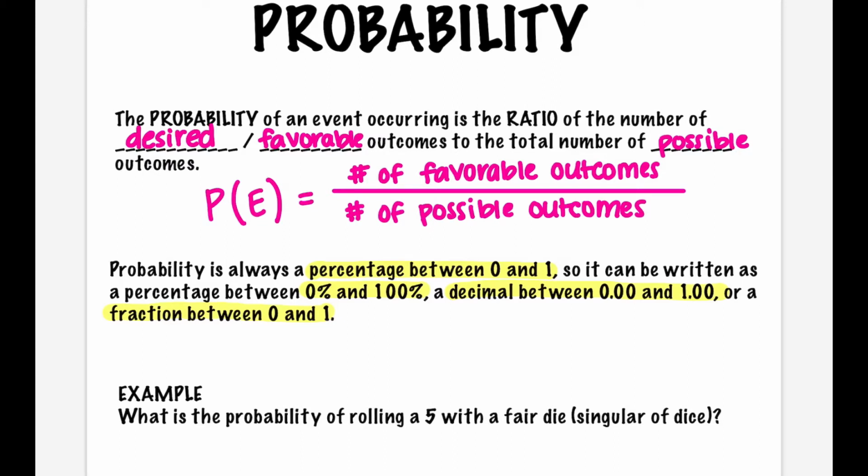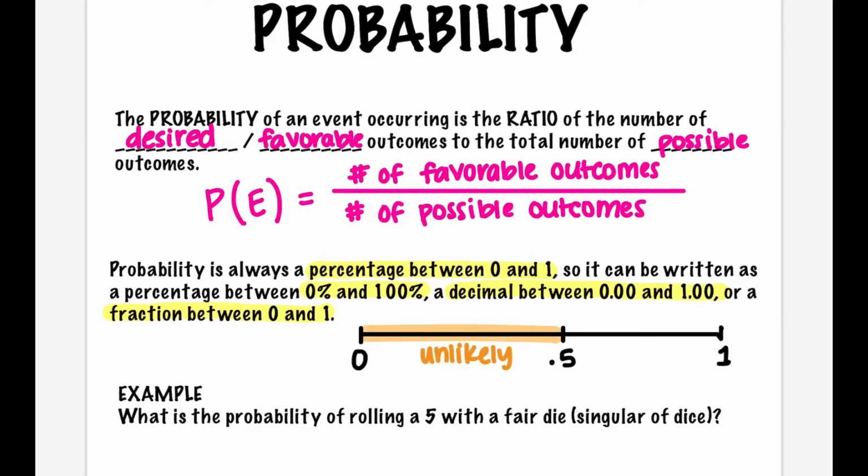There are a couple different ways of describing a probability. If we were to look at this kind of on a number line, and we know that we're between 0% and 100%, 50% in the middle. Well, anything less than 50%, we would consider that an unlikely event. And then anything from 50% to 100%, we would consider that a likely event.